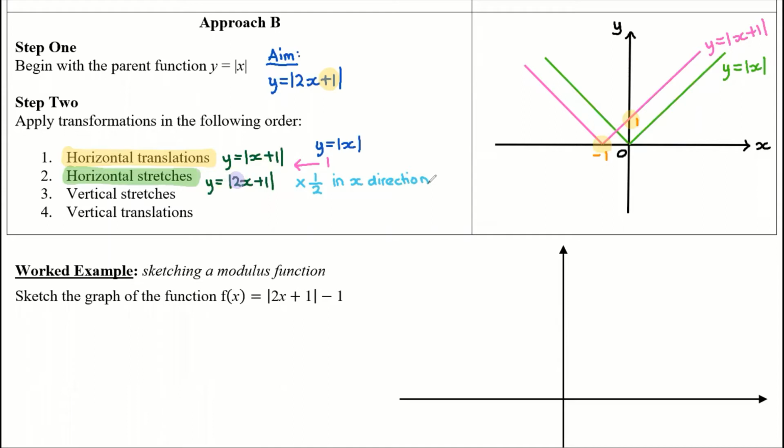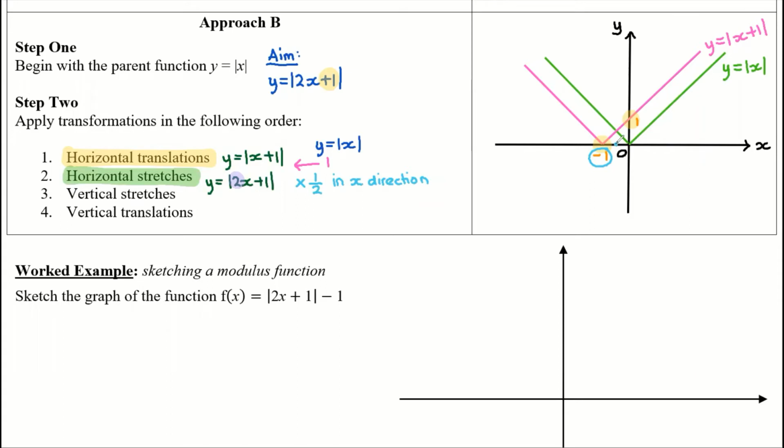And what's the consequence of that? Well, if we look at our diagram, this -1 here is an x value, isn't it? It's where the apex is, the inverted apex. That's going to have to be multiplied by 1/2, okay? Which is going to bring my apex halfway between 0 and 1.